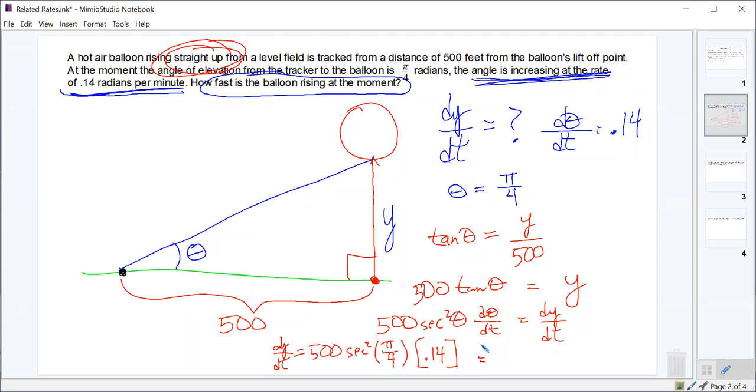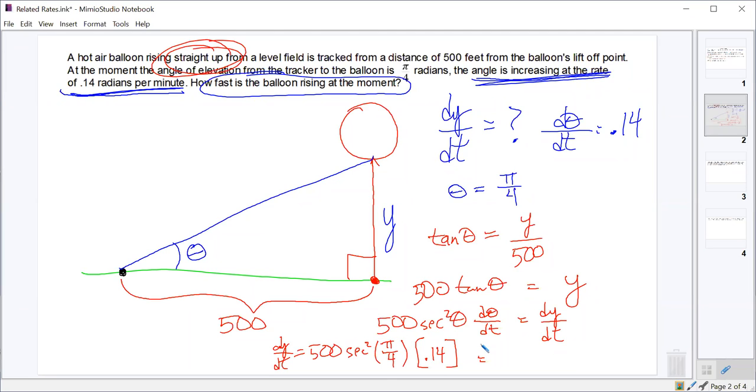What is the secant of pi over 4? Okay, secant is 1 over cosine.